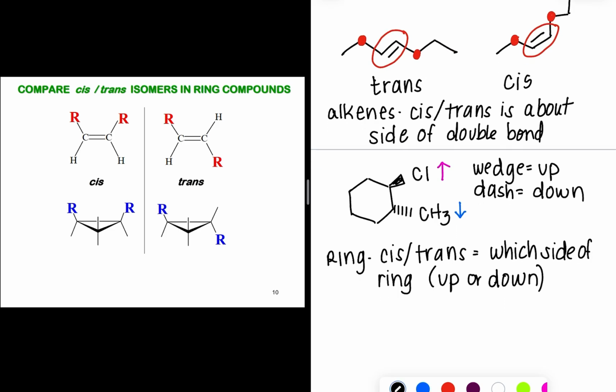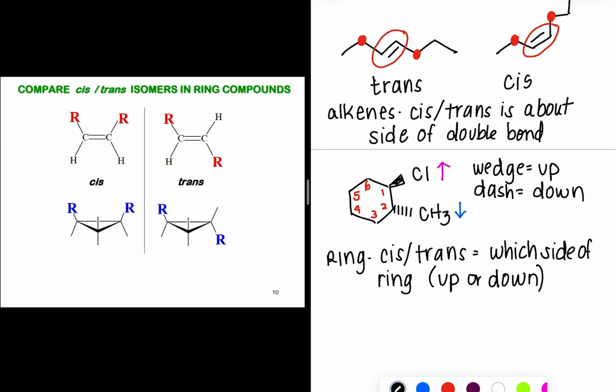Let's do a couple of things with this cyclohexane real quick. Let me go ahead and give it numbers. At carbon number 1, I have a chlorine. At carbon number 2, I have a methyl.